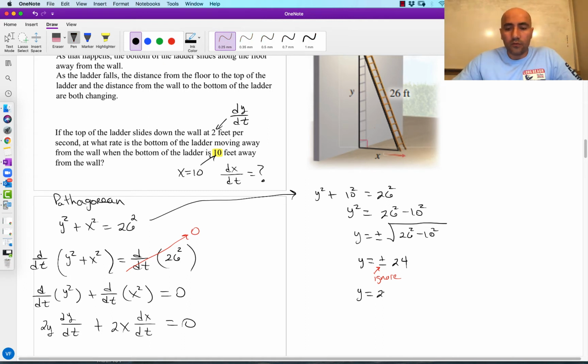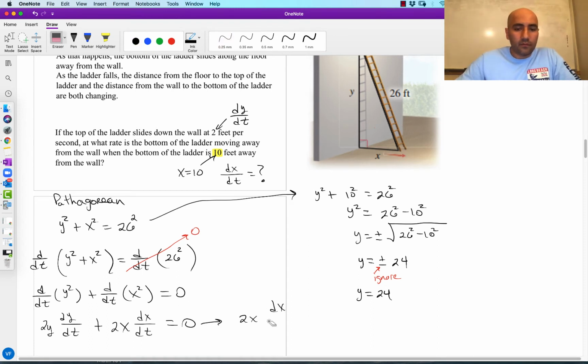Y equals 24. Okay, so now going back to this formula here, this is what I want to know. I want to know the dx dt. So I'm going to subtract 2y times dy dt from both sides of the equal sign. And I'm going to get that 2x times dx. You know what?